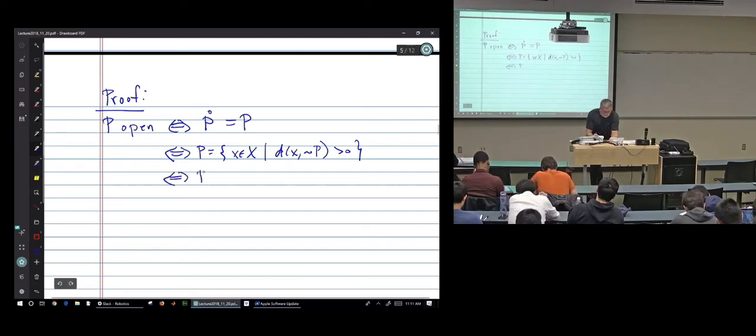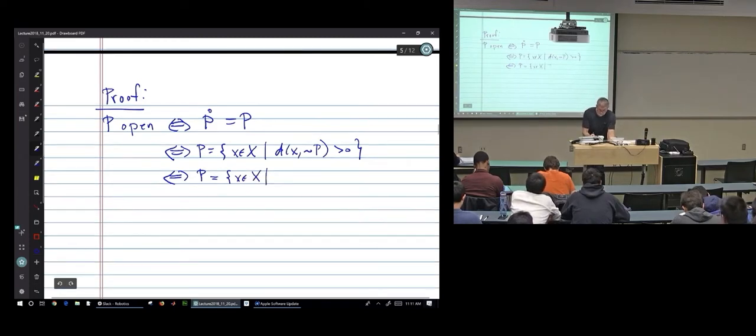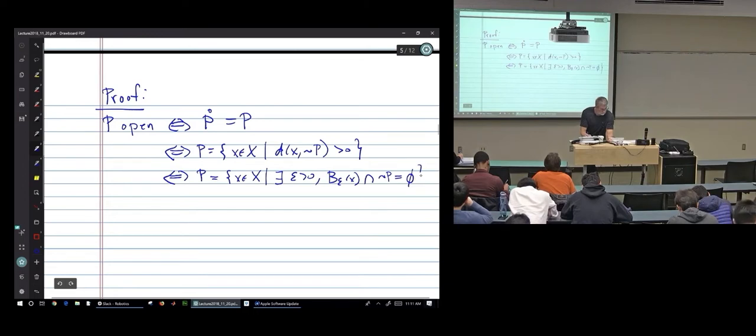So that's if and only if P is equal to the set of all x in X such that there exists epsilon greater than 0, and the ball of radius epsilon about x intersected with the complement of P is the empty set.